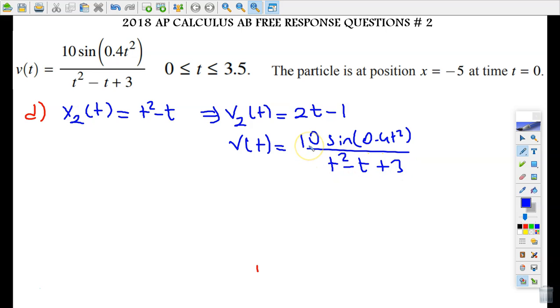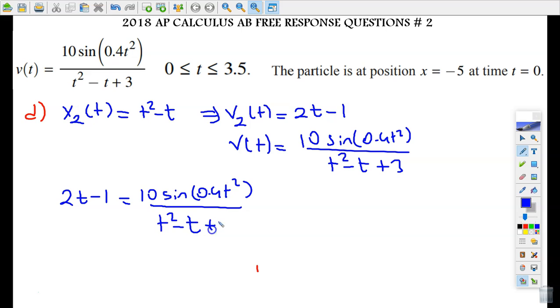To figure out the time when these two particles are moving with the same velocity, I need to set them equal to each other. So 2t minus 1 has to be equal to 10 times sine of 0.4 t squared divided by t squared minus t plus 3.